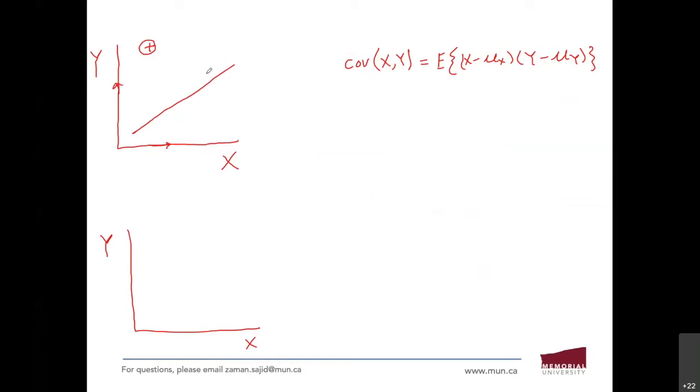Now in this graph I'm going to take the negative relationship. By that I mean if x is increasing, y is going to decrease. So this is my positive relationship between x and y, and this is my negative relationship.